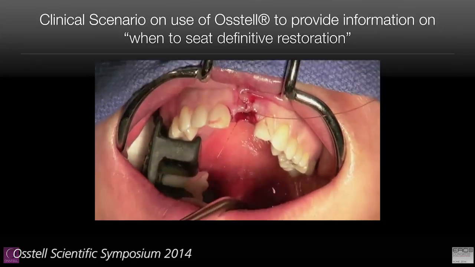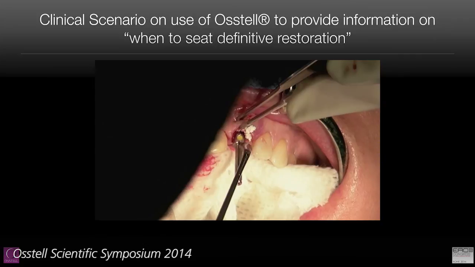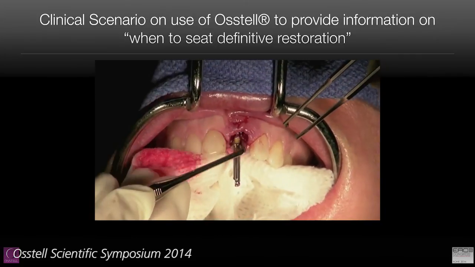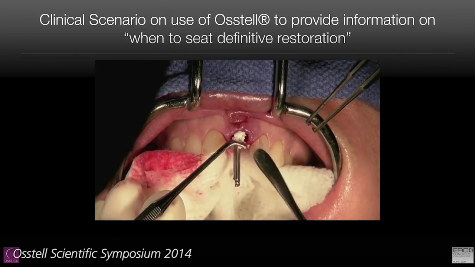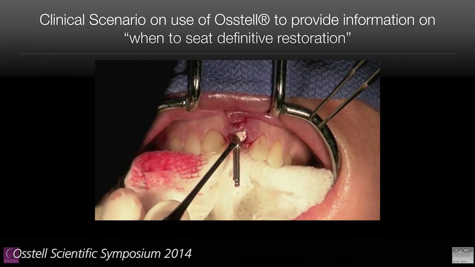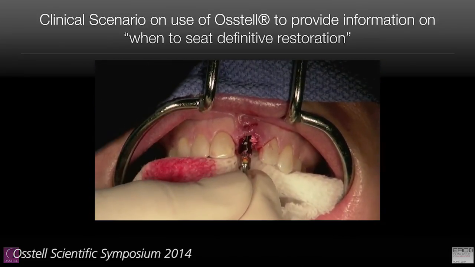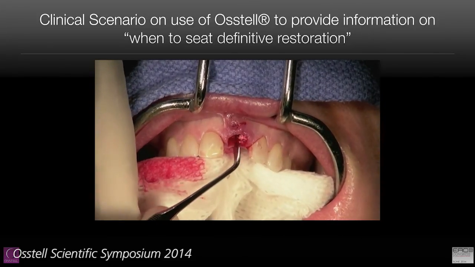So we naturally want to augment that site. And now we're filling the gap as far as the defect is concerned on the labial. Do we expect that to help us with the primary stability? No. What we're expecting is that graft material to help us with the reconstruction of the lost labial plate.